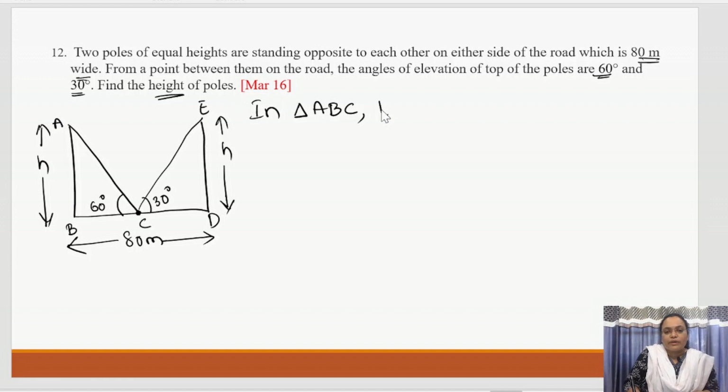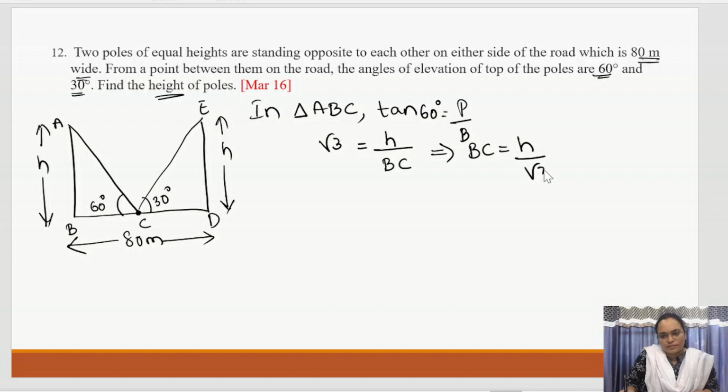So you can apply tan 60 equals perpendicular by base. Tan 60 is root 3. Root 3 equals perpendicular h by base BC. So from here you will get BC equals h by root 3.